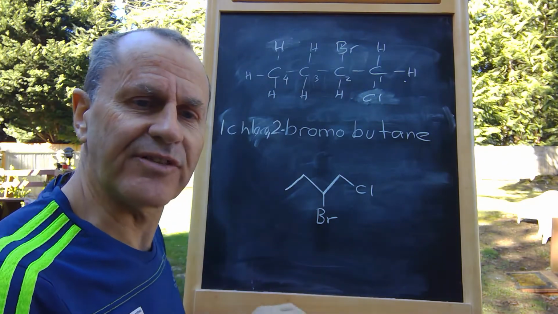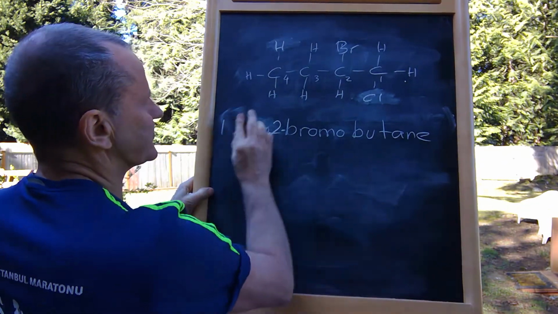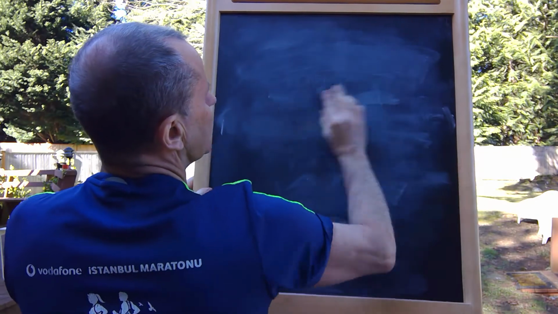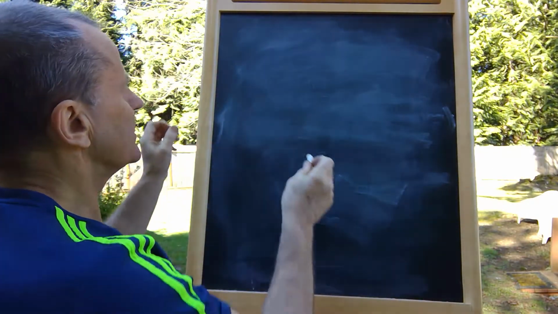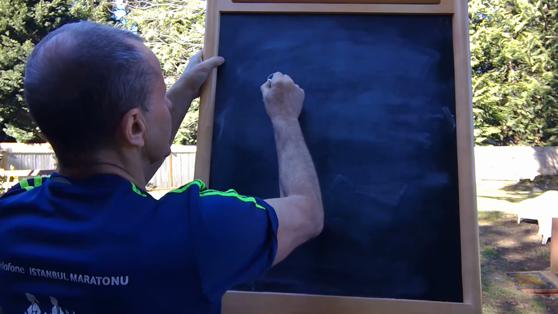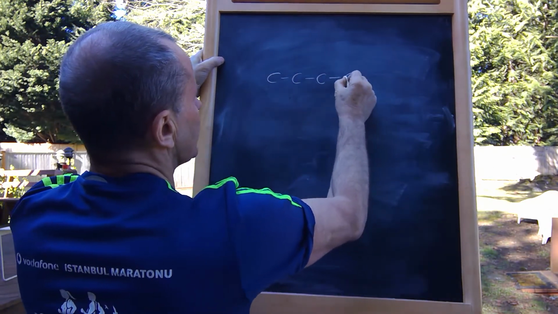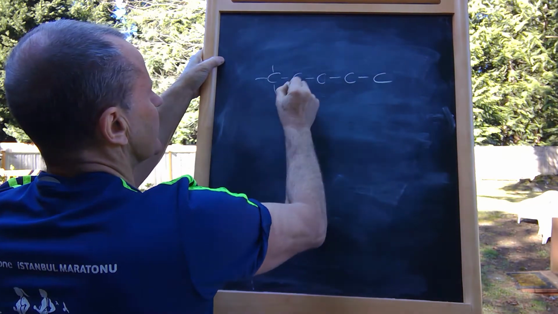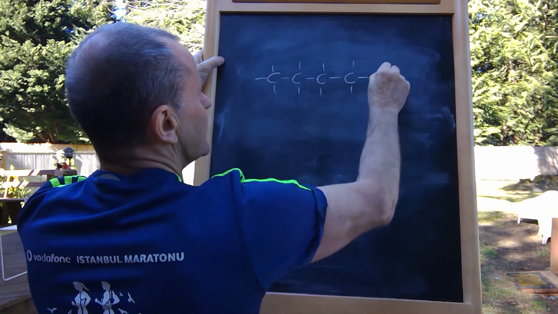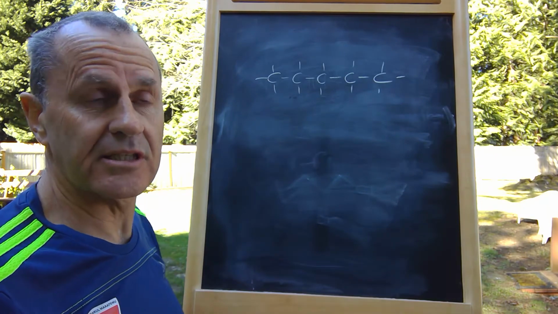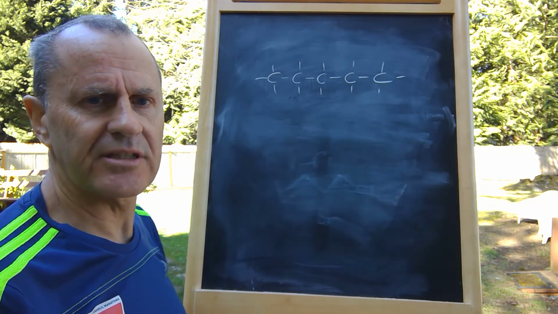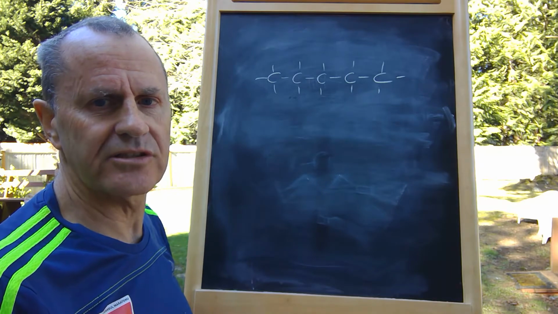Let's try one more of these and have a look at another way of naming these in a little while. Now let's draw a pentane. Alright, and we've got that. And I'm not going to bother with drawing all the carbons and hydrogens there, because that is an extremely dull thing to do.